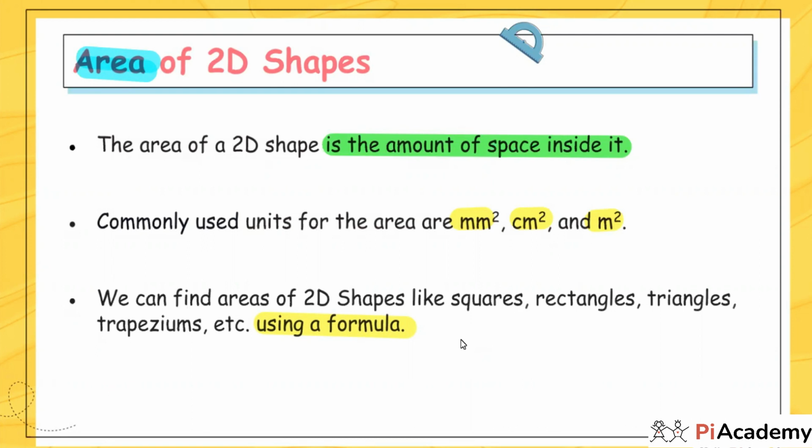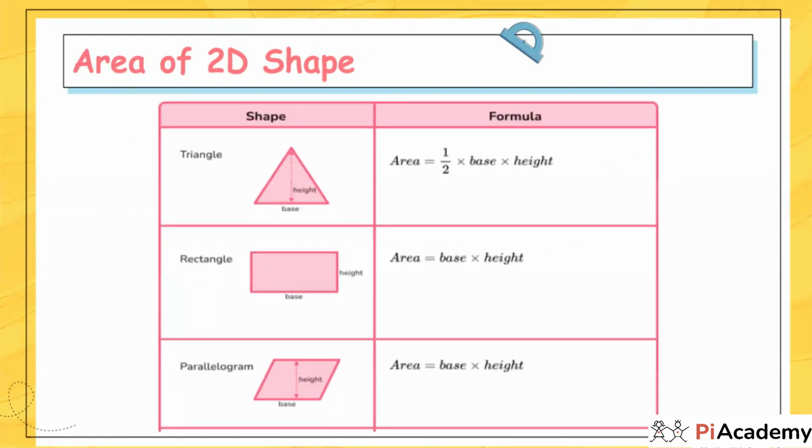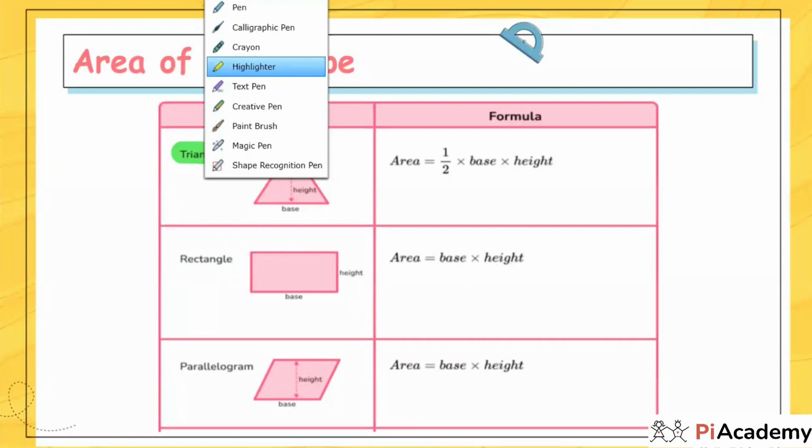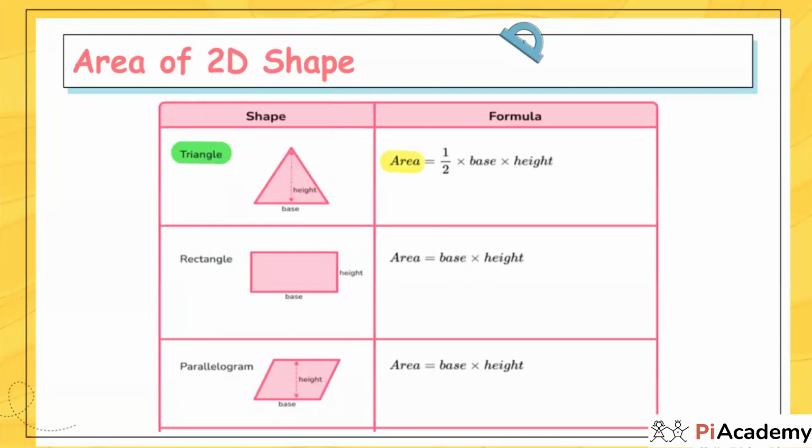Let's start with triangle. Here we have two dimensions: the first is base and the other is height. If you are calculating the area of a triangle, then it's half base into height. If you want to remember it in short form, you are allowed to write half base times height. Similarly for the rectangle, base times height, so B times H you can remember.